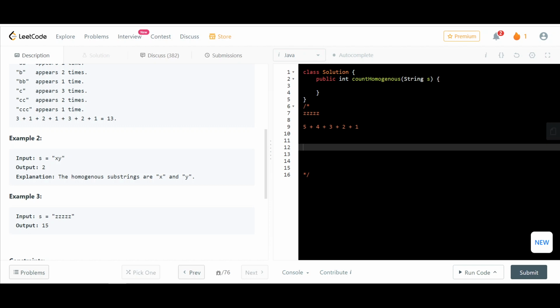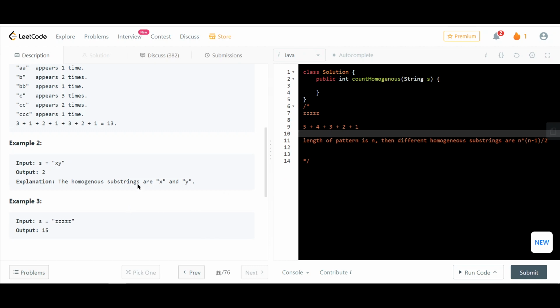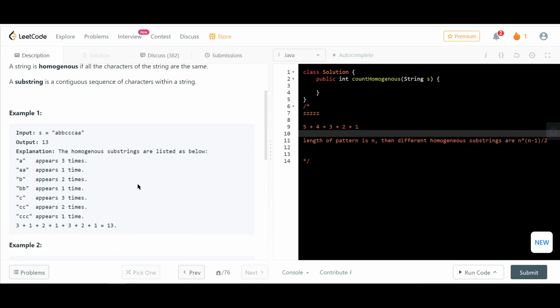So if the length of the pattern is n, then basically the sum of 1 to n.